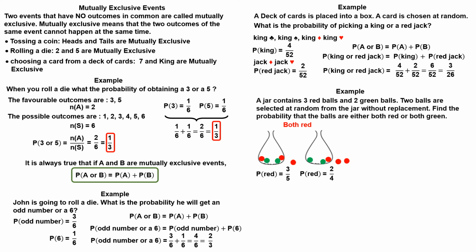The probability of red and red is probability of red times probability of red. 3 over 10. Now we calculate the probability of 2 green balls. The probability of green at the first choice is 2 over 5.